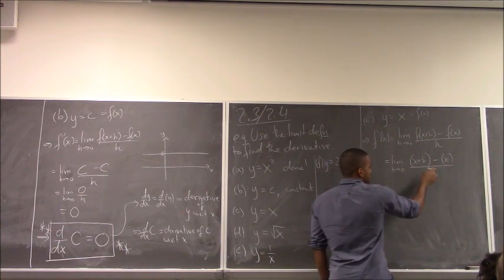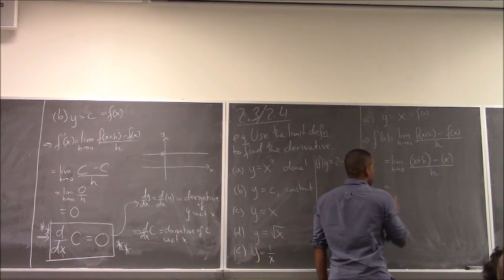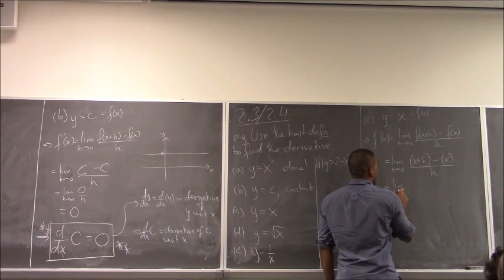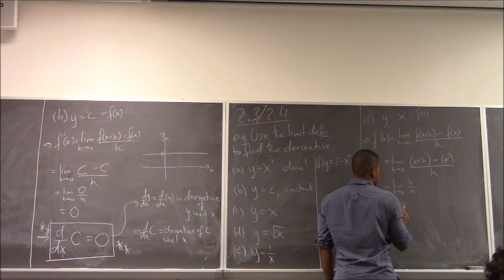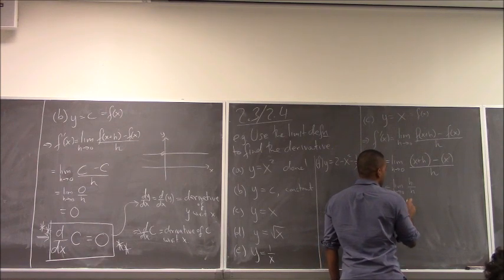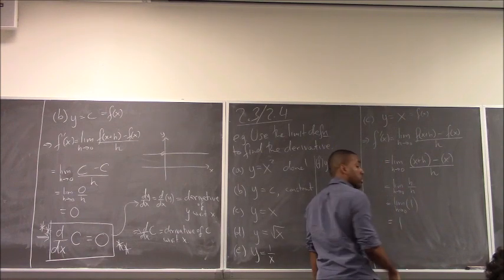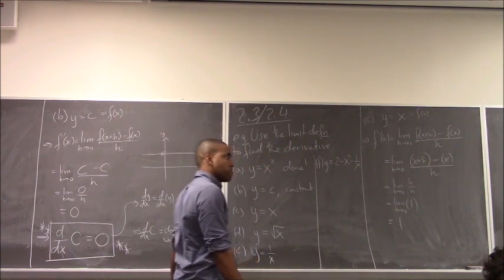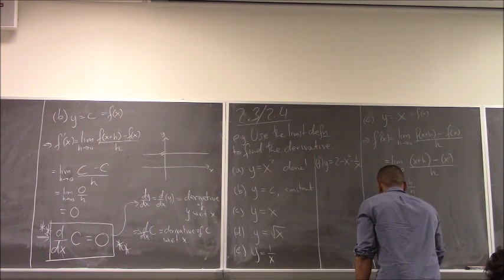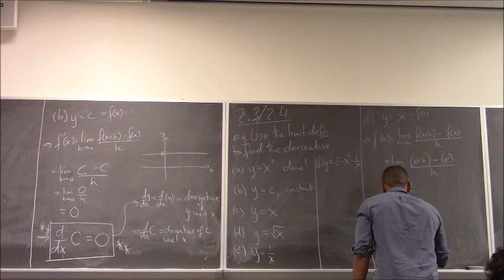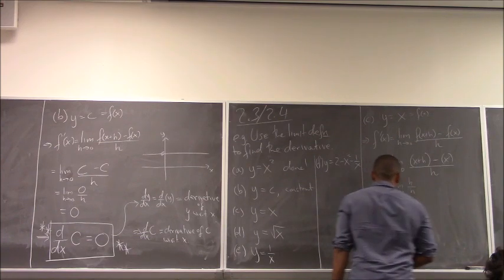So here, this is easy to simplify. The x's just kill each other. And so I have the limit as h approaches 0 of h over h. So that's just the limit as h approaches 0 of 1. That's just 1. So it turns out the derivative of x is actually 1.